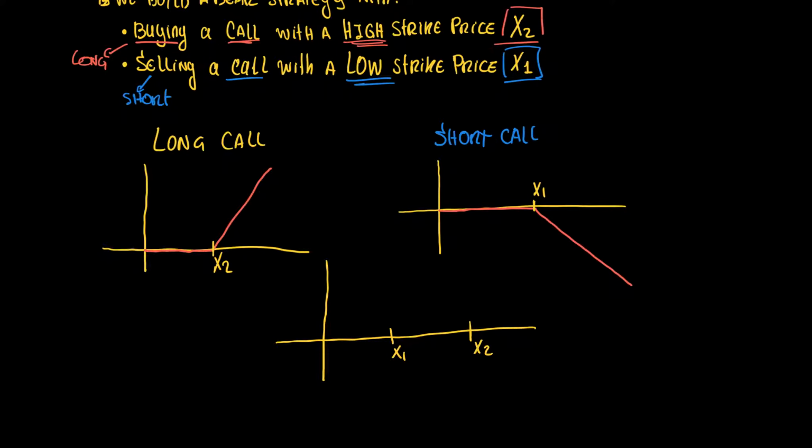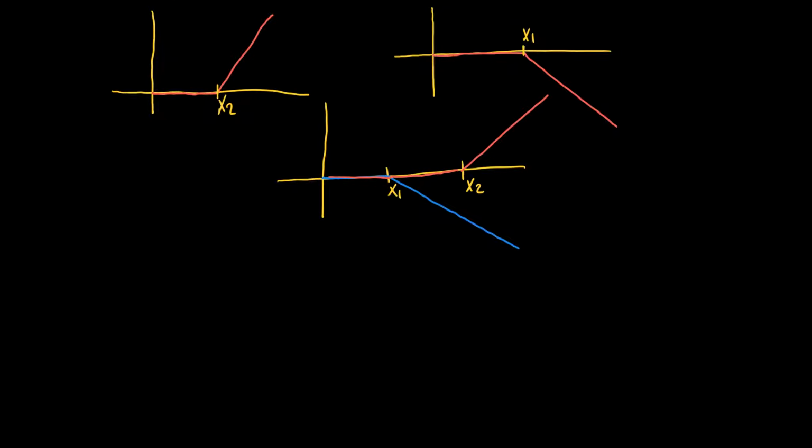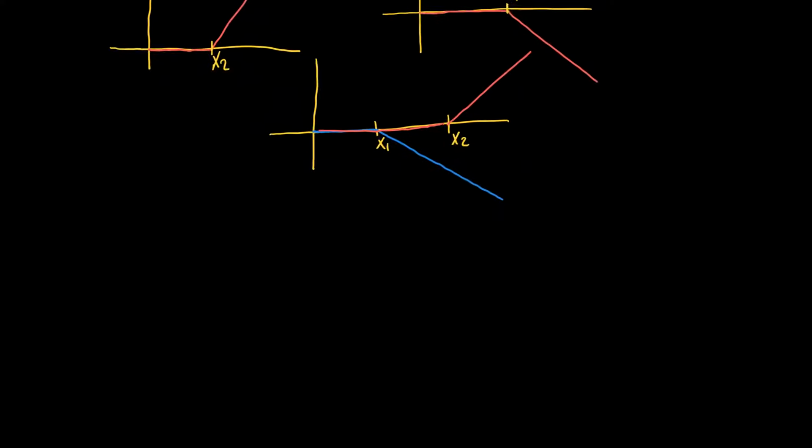We know that the payoff of X1 is something like this, it will go down. And I know that the payoff of X2 will go up after it reaches the strike price here. So, given this general drawing, let's try to find out the payoffs of our bear spread on calls.